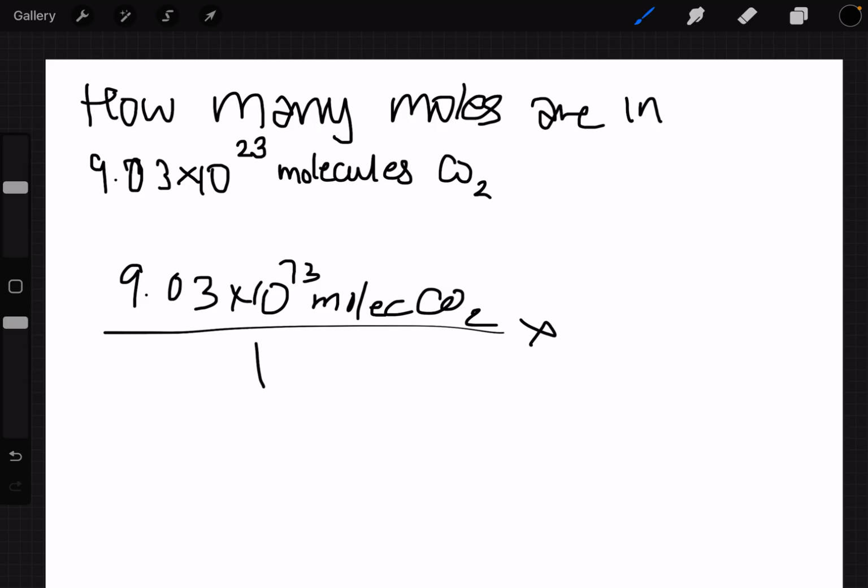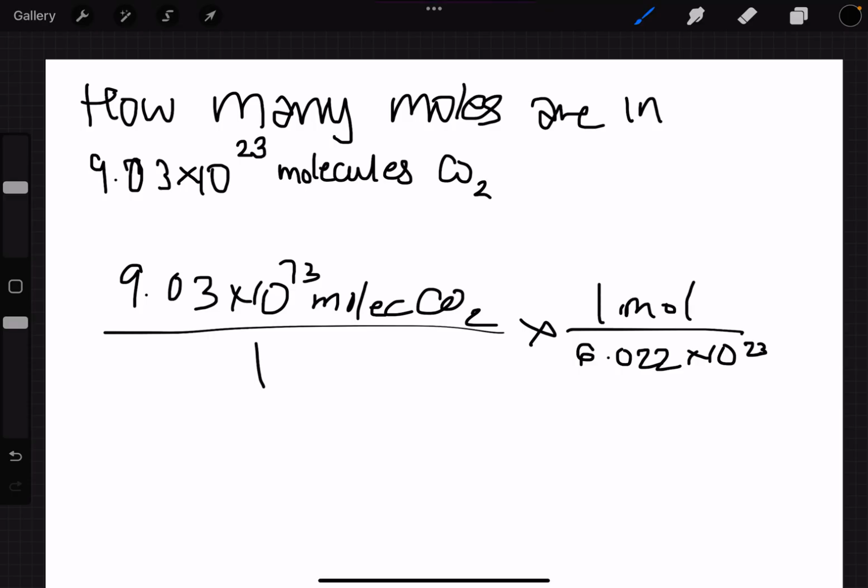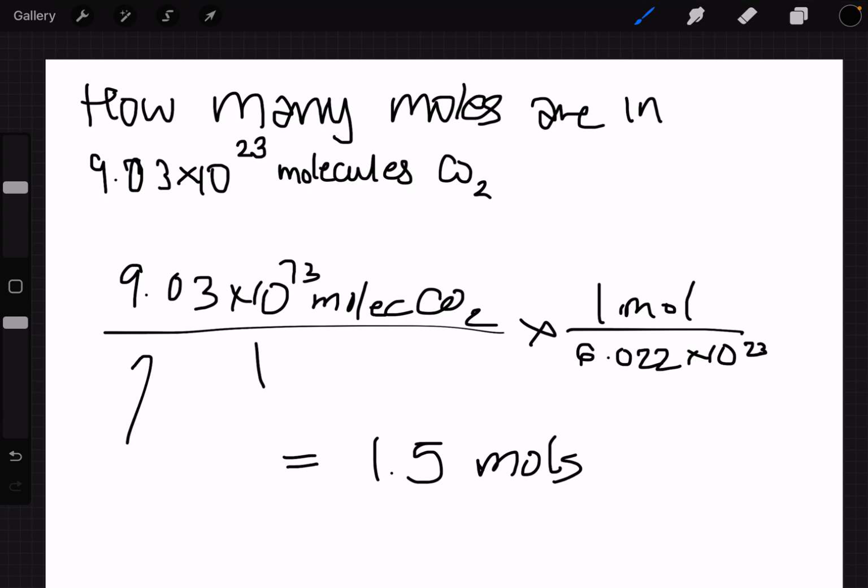So 1 molecule, like I said, for units, is just 6.022 times 10 to the 23 over 1 mole. And just using your calculator, that's equal to around 1.5 moles. But you want to be exact because this is 3 sig figs, so you want this one to be 3 sig figs as well.